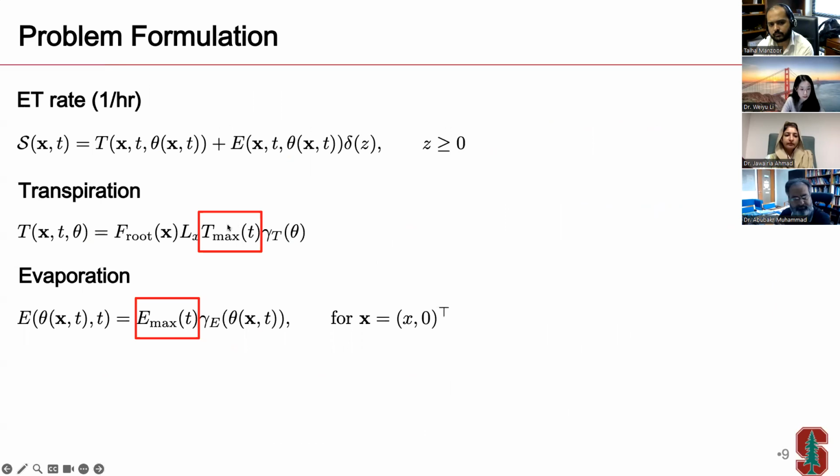I think the question is about whether these Tmax and Emax are also spatially dependent? Yeah. Here we do not treat them as spatially dependent variables because we treat the spatial variability in the root distribution. And then the sink term is spatially dependent. I think these are the models that people commonly use for 2D transpiration and evaporation.